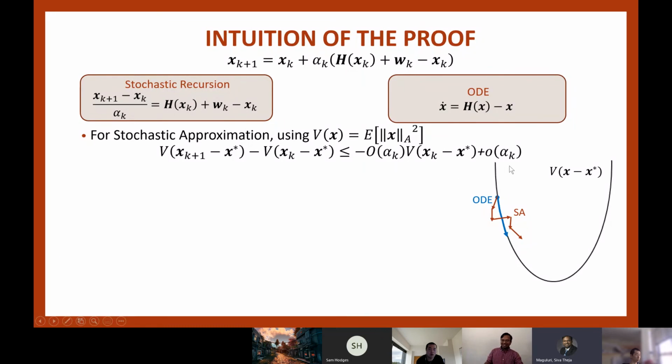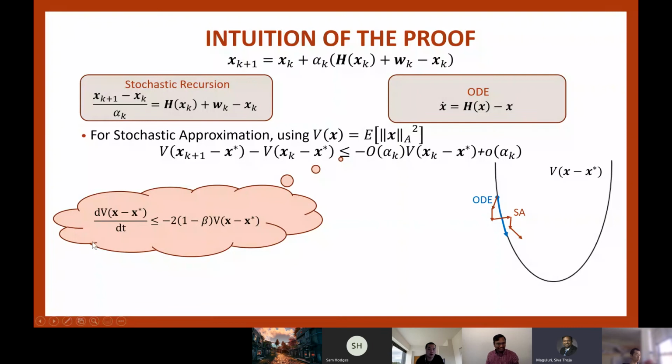And the other error term, the second order term, can be controlled. So essentially, if we use the same Lyapunov function as from the ODE, that is the weighted norm square with an expectation, one can show a recursion of this form. The drift of this Lyapunov function, the difference of this Lyapunov function over 2 time slots, is bounded by a negative term proportional to v plus a little o of alpha k term.